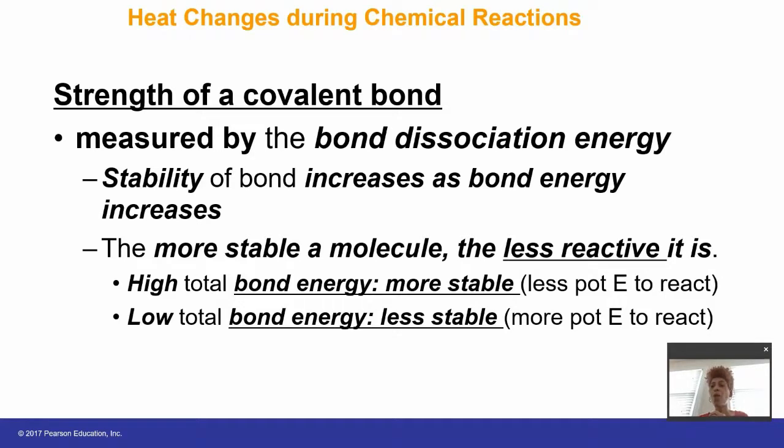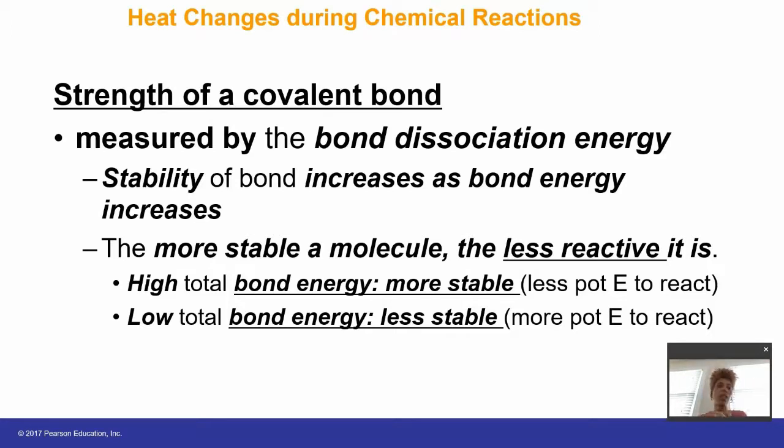A triple bond. Why? Because we have more electrons that are interacting with each other. And so it's going to take more energy to break a triple bond than it would be to break a single bond, and even to break a double bond.